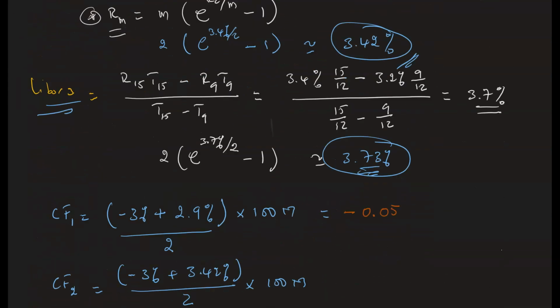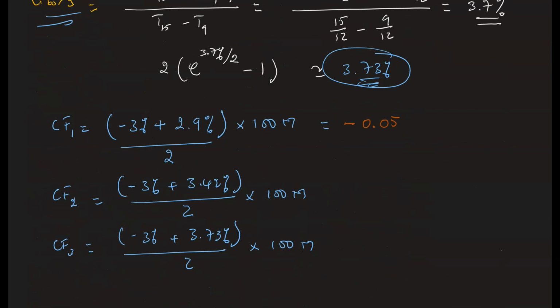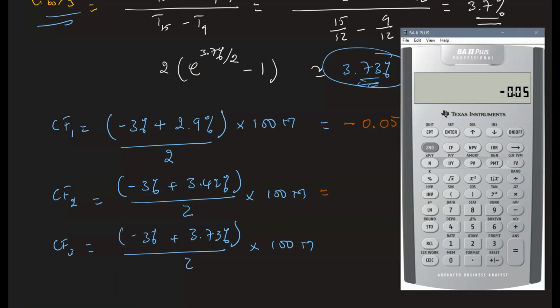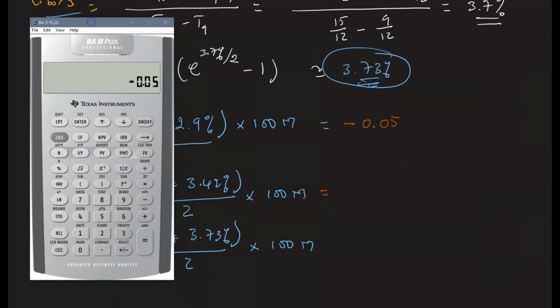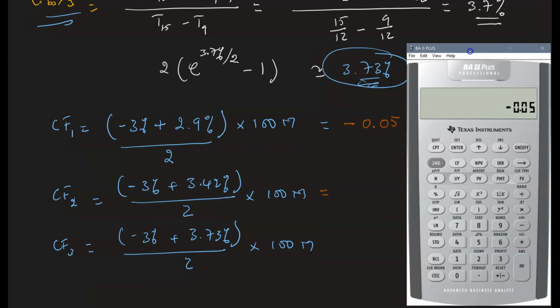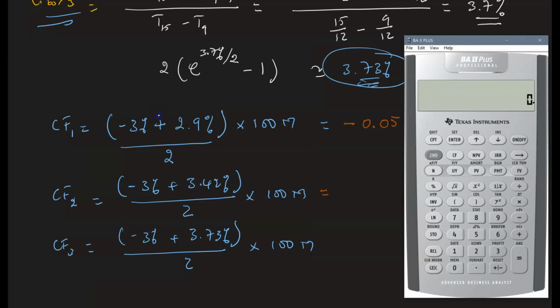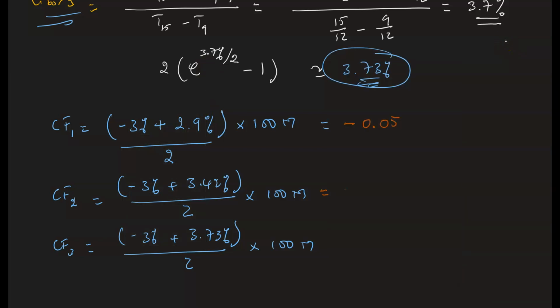And so our second cash flow is going to be equal to 3 minus plus 3.42 equal divided by 2 equal 0.21. So it's going to be an inflow of 0.21, and these are in million.